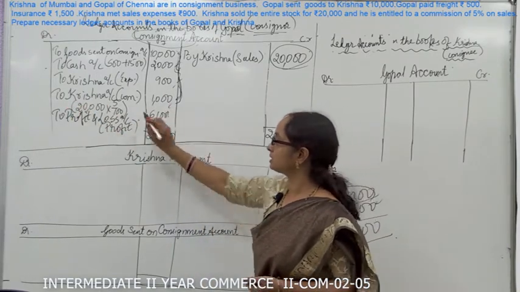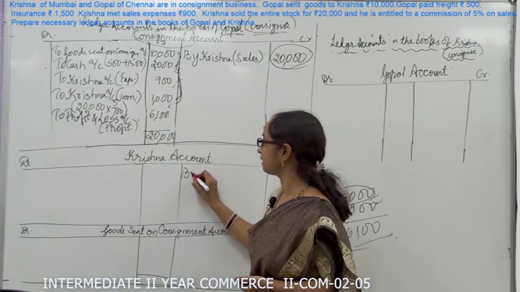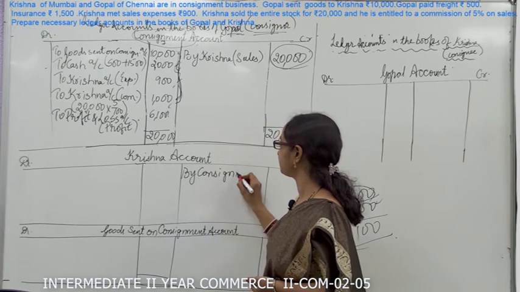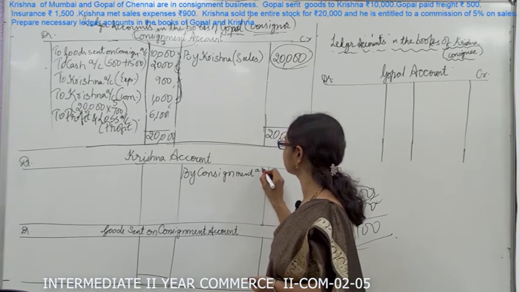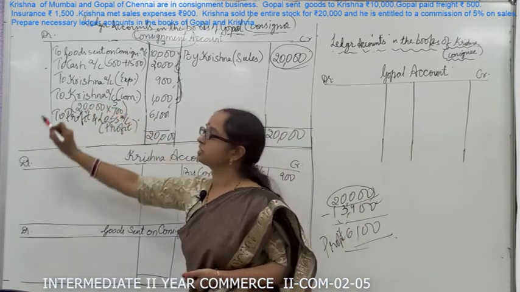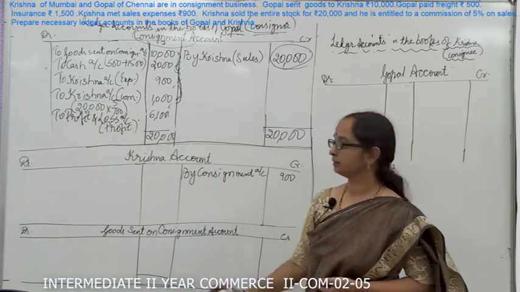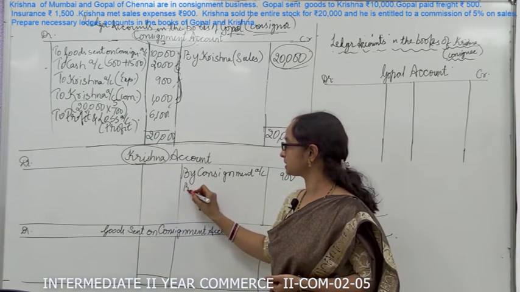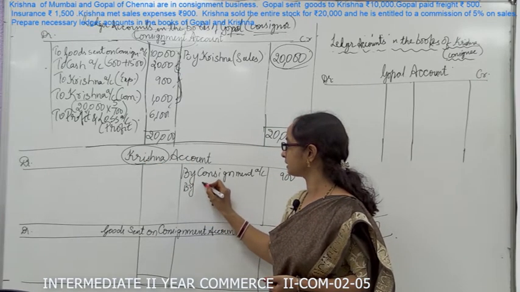Now ఇప్పుడు కృష్ణ డెబిట్ లో ఉన్నాడు కాబట్టి now you have to write it on the credit side as by consignment account 900. Once again Krishna appeared on the debit side. Now which account we are preparing? Krishna account. So once again write by consignment account.